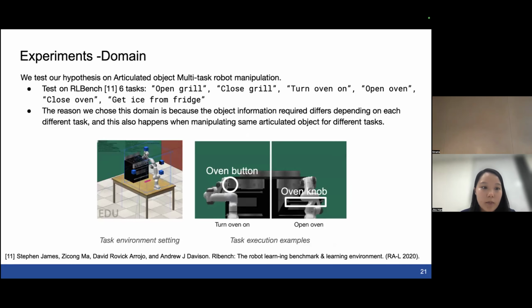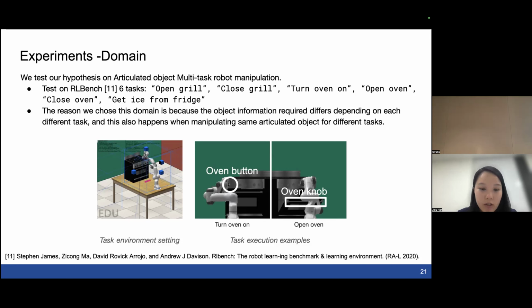So we test our hypothesis on articulated object multitask robot manipulation. We test on RLBench 6 tasks, which are open grill, close grill, turn oven on, and open oven. The reason we chose this domain is because the object information required differs depending on each task. And this also happens when manipulating the same articulated objects for different tasks.